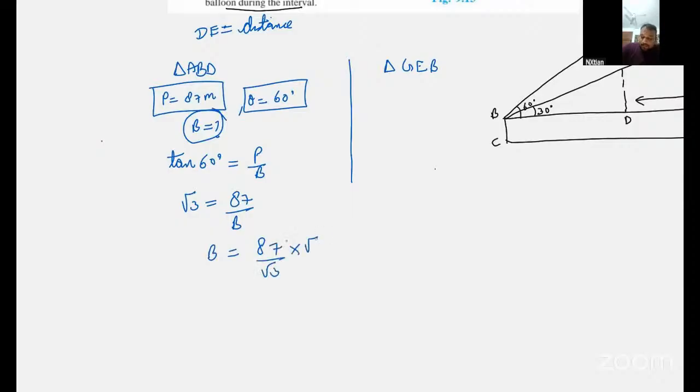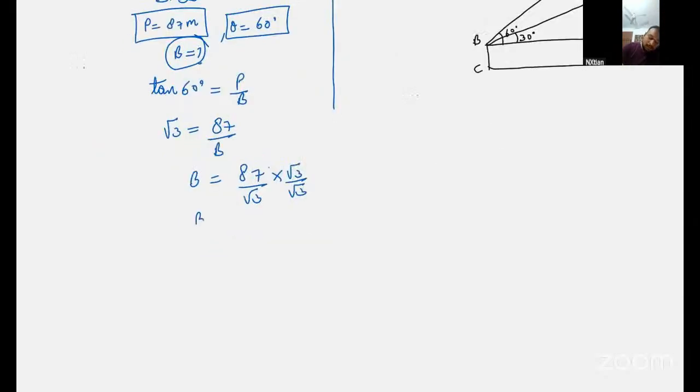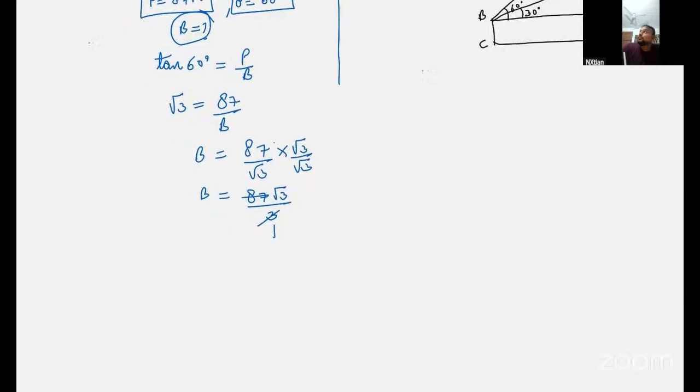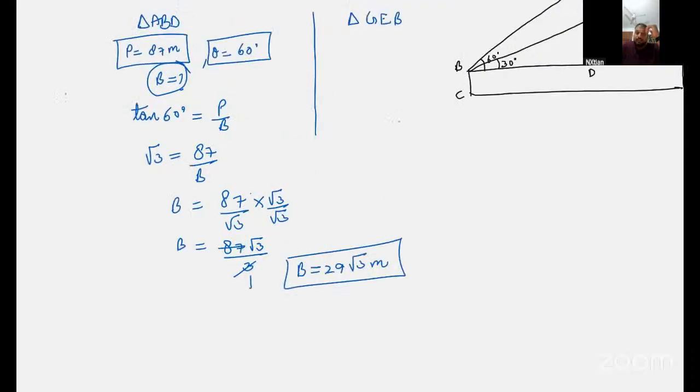Then obviously rationalization is there. So B is 87 root 3 by 3. I will cut with the table of 3, so it becomes 29. So B is 29 root 3 meter. Did you understand? Ritika, Amar, Godwin.